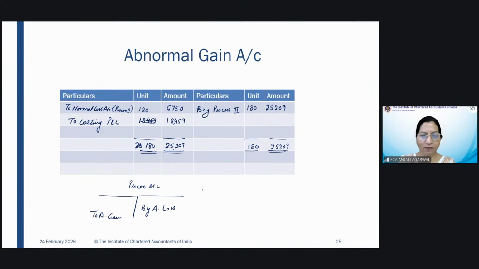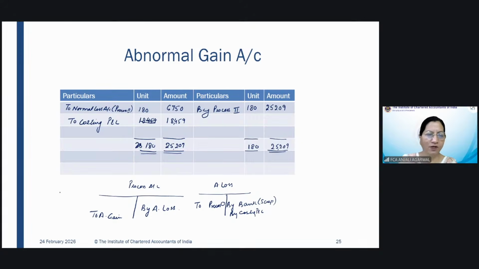So if there is abnormal loss, then the abnormal loss account will look like this: to process, by bank, by costing P&L. This amount will come from the process account. This will be the scrap value and the balance will be your loss.